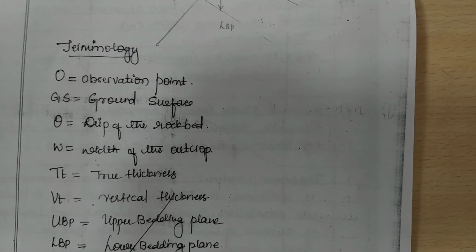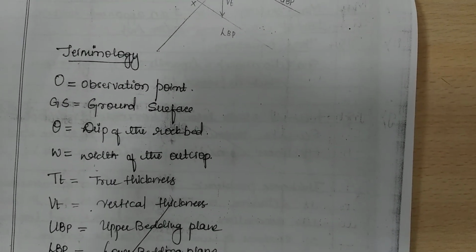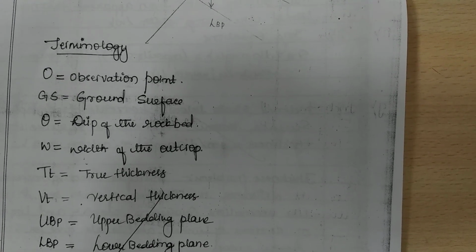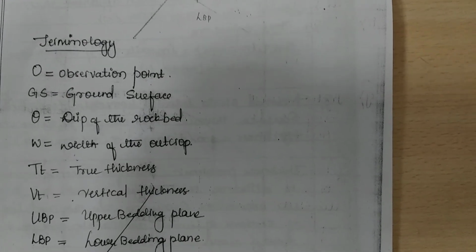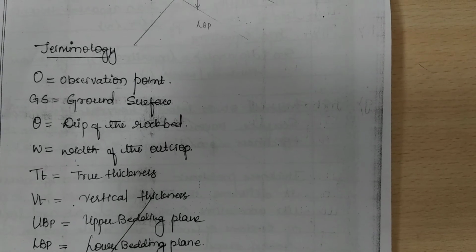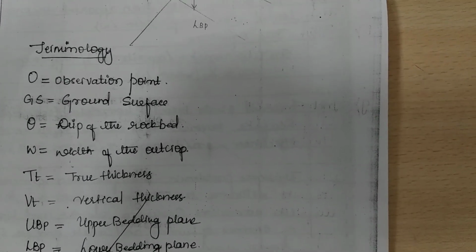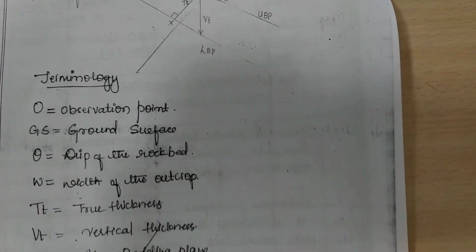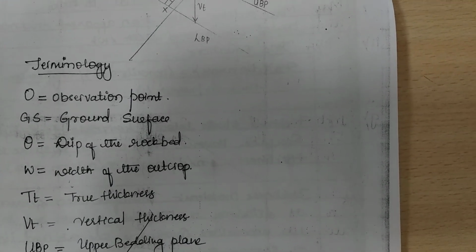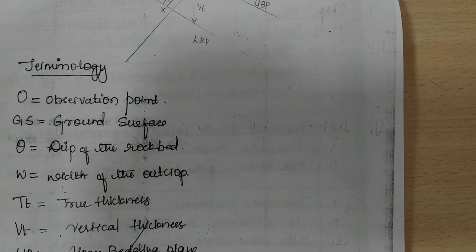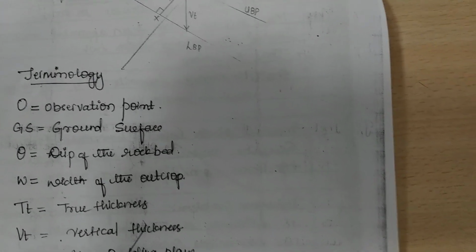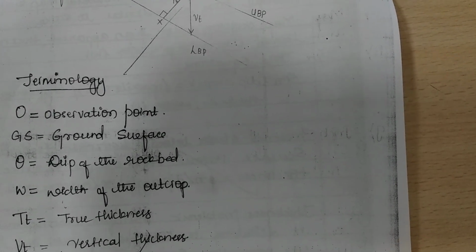These are the mathematical methods, with three formulas. One is true thickness Tt equals W sine theta, where W is the width of the outcrop, and vertical thickness equals W tan theta. Another one: true thickness is equal to vertical thickness multiplied by cos theta. These are the three formulas.